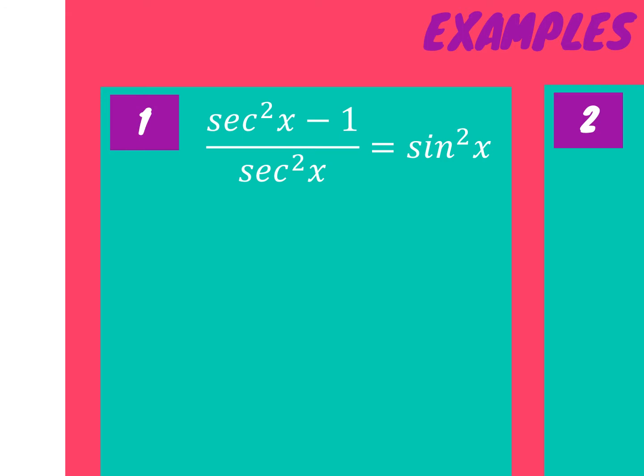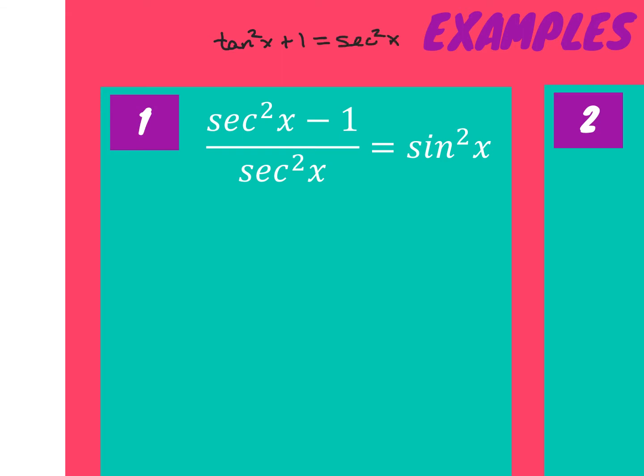However, not for my denominator. So for the numerator, I'm going to use a Pythagorean identity, and the Pythagorean identity I'm going to use is going to be tangent squared x plus 1 equals secant squared x.